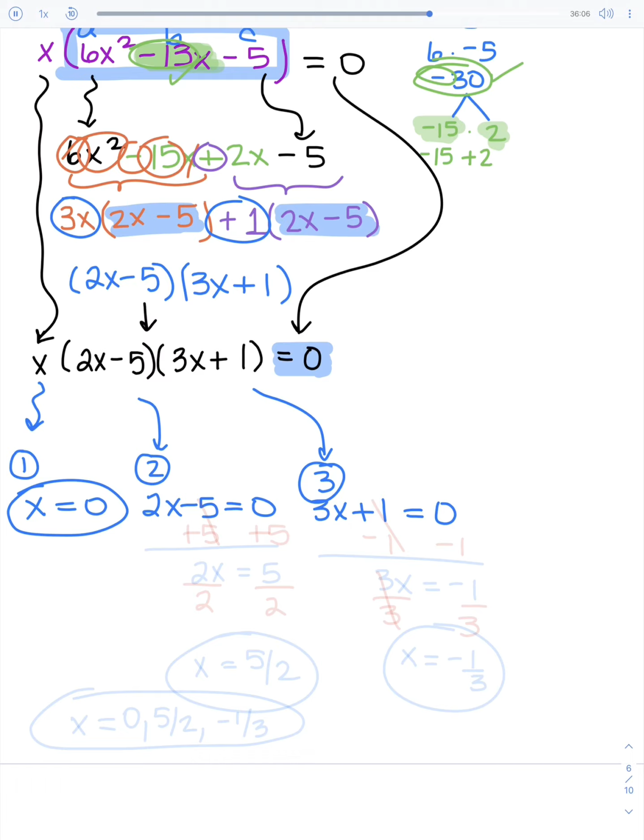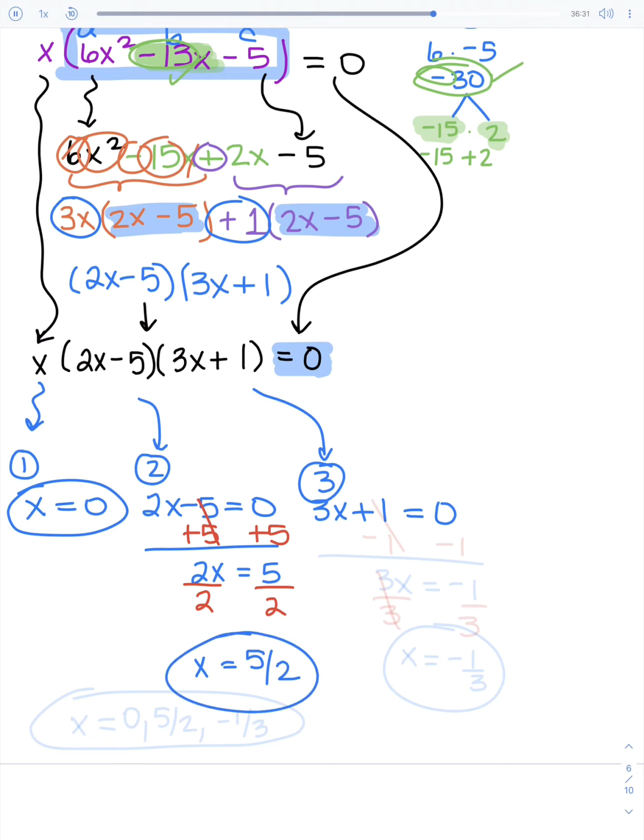Now let's look at the second equation. If we add 5 to both sides, that gives us 2x equals 5. Then dividing both sides by 2 gives us x equals 5/2, another solution for x.